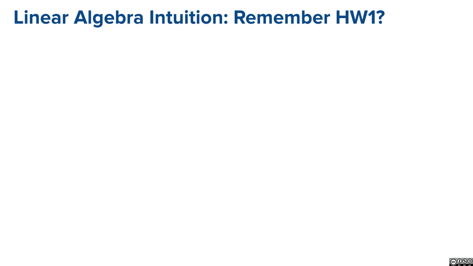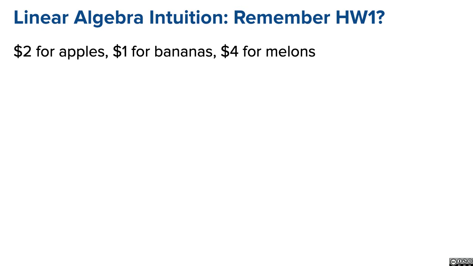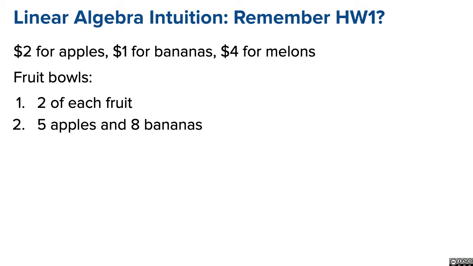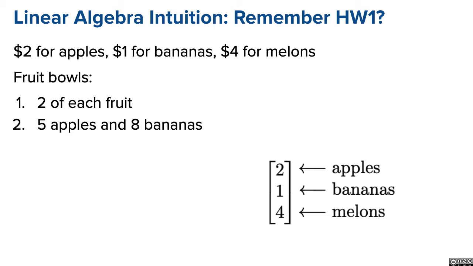Okay, so remember from all the way back from homework 1, we had the Berkeley fruit bowl problem, where we had $2 for apples, $1 for bananas, and $4 for melons. And we had fruit bowls. So we had 1 fruit bowl with 2 of each fruit, and another with 5 apples and 8 bananas. There were some more fruit bowls, but I'm only doing 2 today, just for the sake of space. And what we did was we put those prices in a vector.